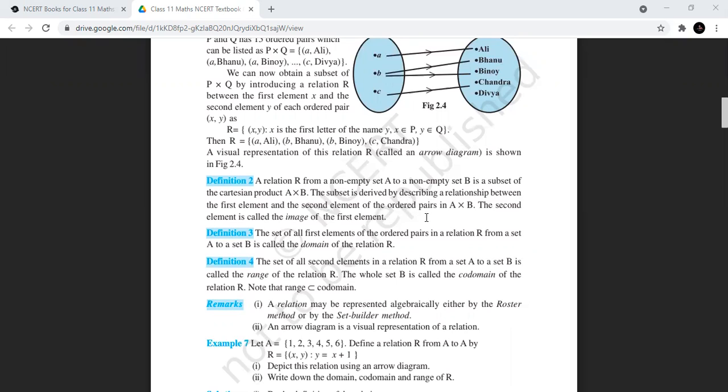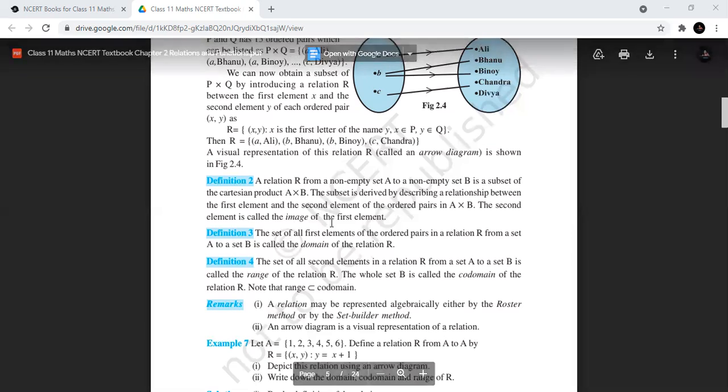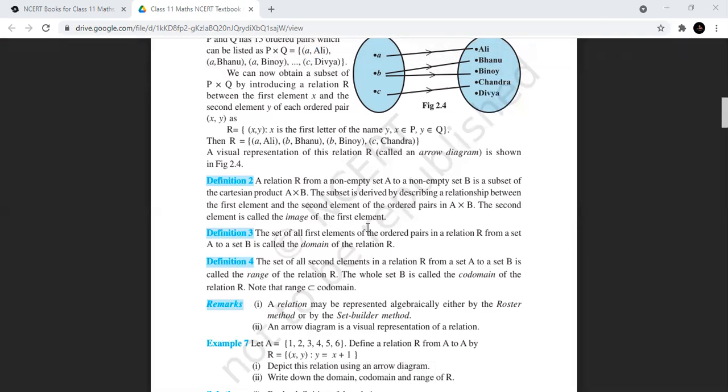We know we get ordered pairs in A cross B. So if there is a certain relation between each ordered pair present in that particular set, then that is termed a particular relation. The second element is said to be the image of the first one. Like one example I had solved today, there was a question where two ordered pairs were given and then B was 3A minus something.